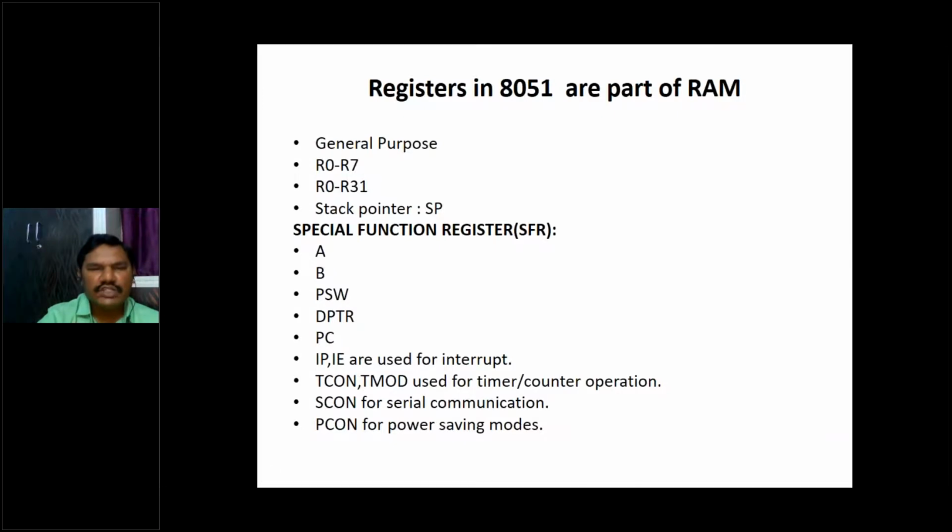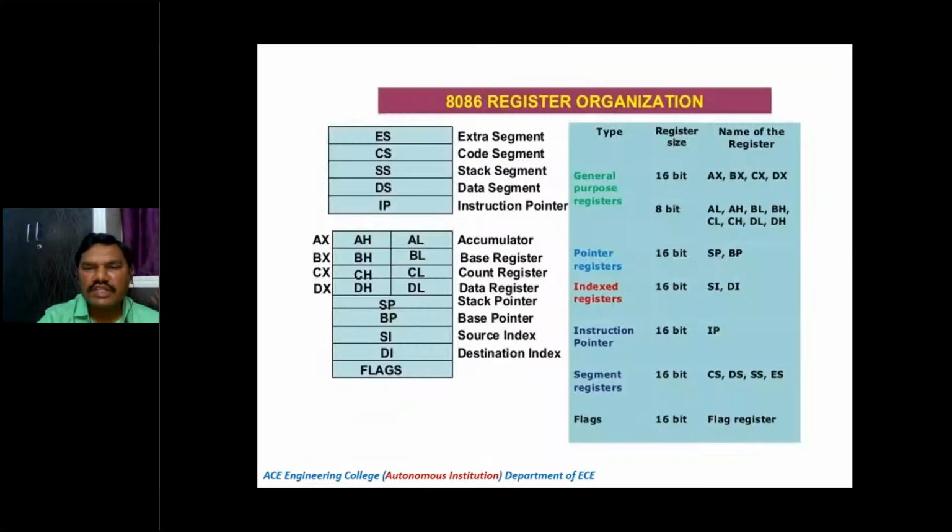In the case of the 8086 also, AX is in the form of AL and AH. Here X stands for 16 bit, whereas AL and AH are in terms of 8 bits. AL stands for lower byte and AH stands for higher byte. Byte means 8 bits.